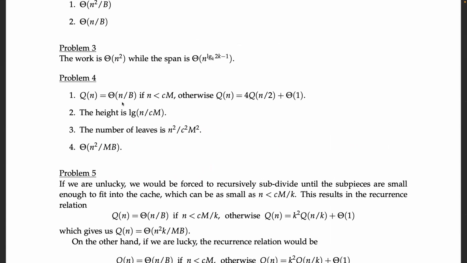And so if you raise 4 to log base 2, then you get n squared divided by c squared, which is just a constant, over m squared, because 4 is 2 squared, and then by log rules.